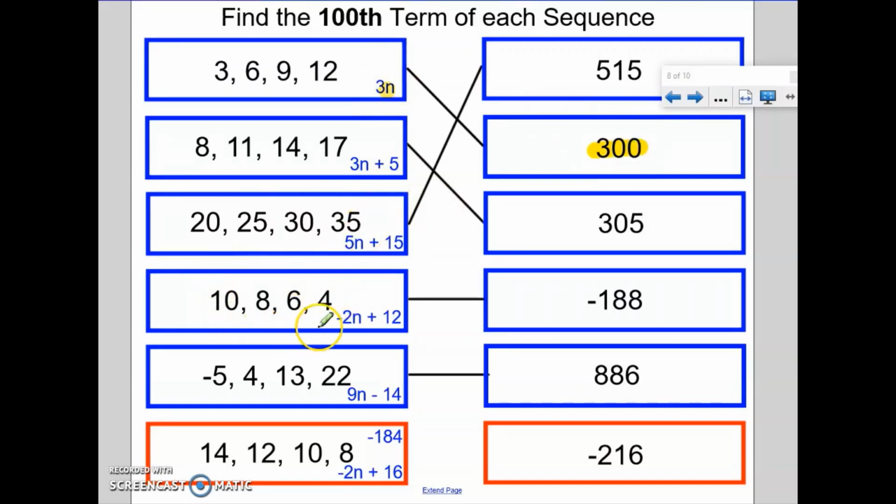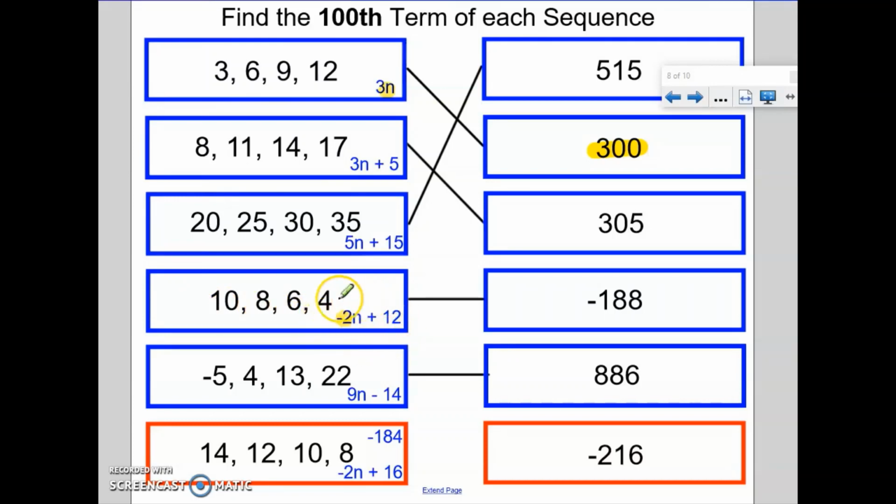Let's also have a little look at this one here. It's consistently going down by 2, so we're subtracting 2 each time, which gives me -2n. Then I go to my first term and do the opposite. So if I add 2 on, I would land on 12. It's a positive 12 because I'm not into my negative numbers. So -2n plus 12.